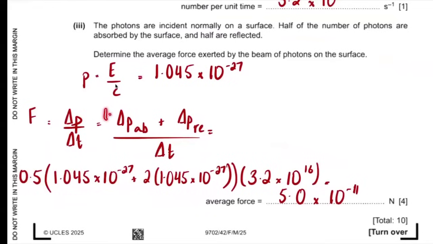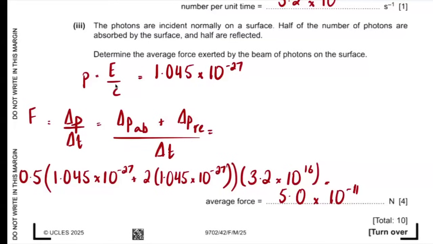Now, why do we have the halves? Because of this information. So the halves can be factored out, which I've done here. So 0.5 delta p of the absorbed ones is just equal to the initial momentum. For the ones which are reflected, it's twice the initial momentum, and you have to divide by the time.